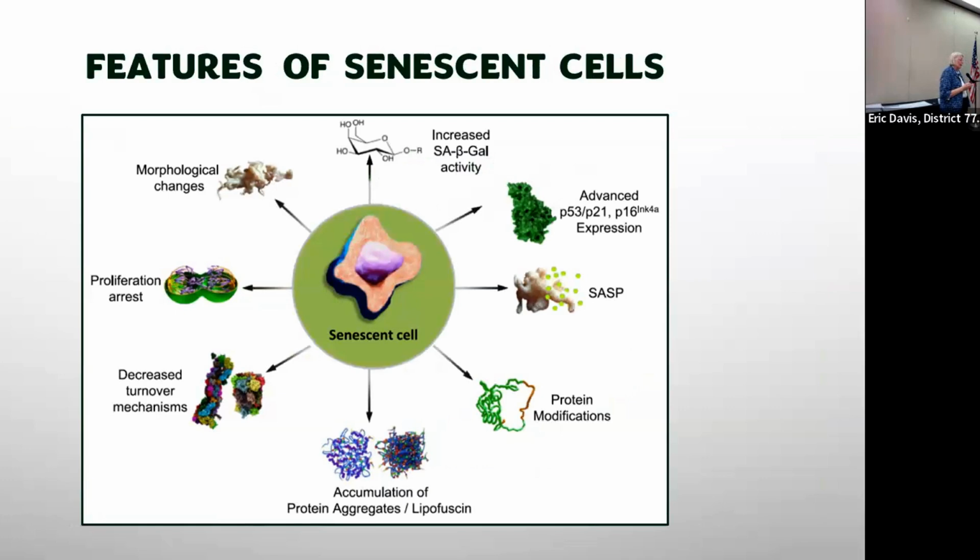One of the things that happens to our cells as we age, as you all know, is that there's a lot of wear and tear that accompanies the aging process. And so our cells become aged as well. You might use the word senescent as a synonym for really old, but in biology, it means a very specific thing.